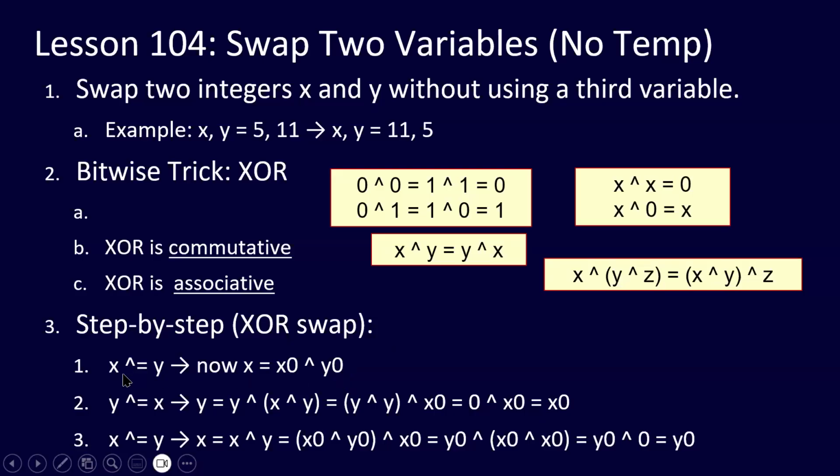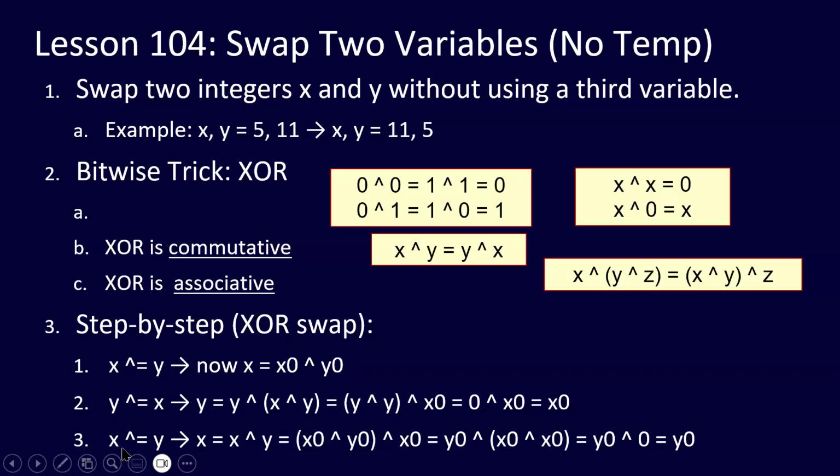After x hat equals y, we have x equals x0 hat y0, okay? After the second statement, y hat equals x, it is computed like this, and using the commutative and associative properties, y now contains x0, the original x value.